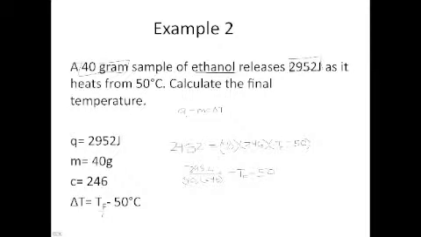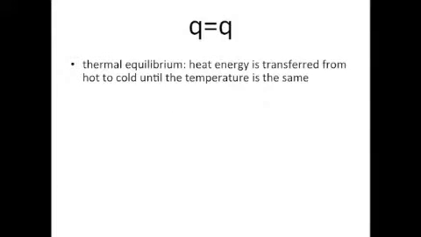So once you get this answer, all you have to do is add 50 to both sides to cancel this out. And then you end up coming up with 50.3 degrees Celsius.